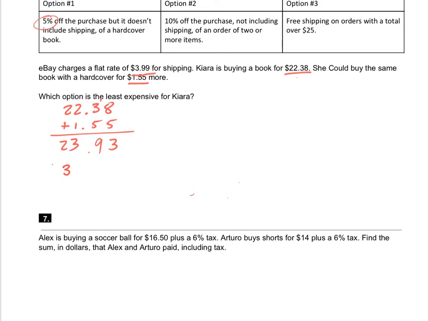So you have 23.93 times 0.05. Now if you multiply 23.93 times 0.05, you get 1.19 or 1.20. So now this number, you're going to subtract from the number we got earlier.